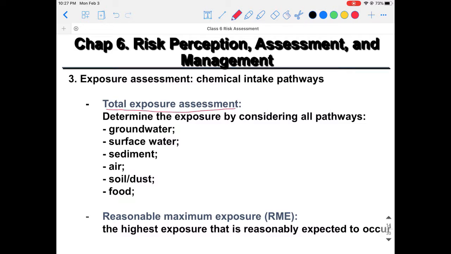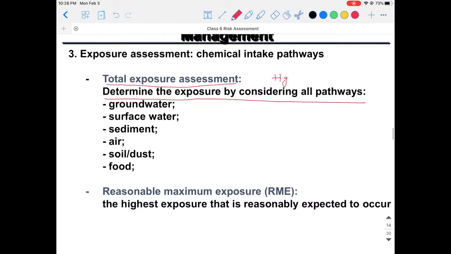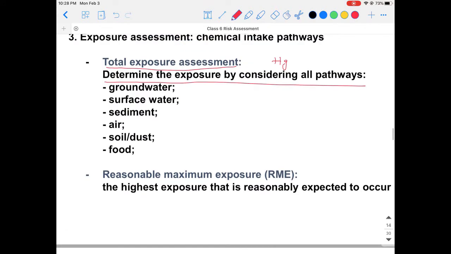For example, if we want to understand the total exposure assessment, let's say we want to understand how human beings are exposed to mercury, then we want to consider the exposure by considering all of the following pathways. For example, we want to include the groundwater, so mercury can exist in groundwater. It can be in surface water, right? They can exist in the sediment, they can exist in the air, soil, dust, and food.